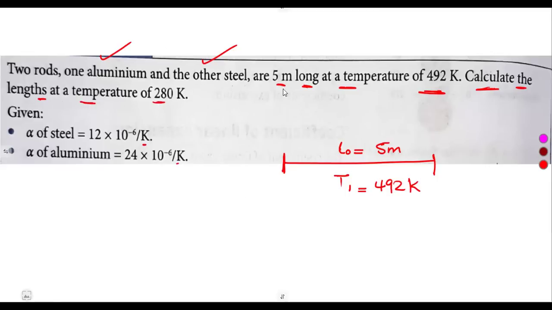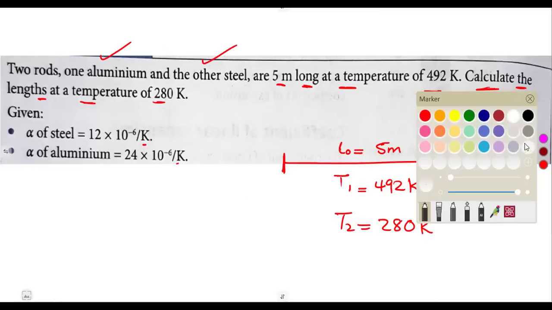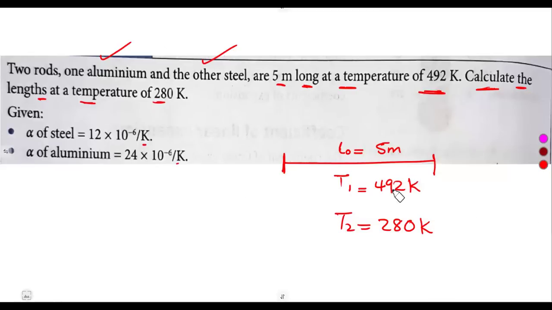The temperature has changed from this one. It is now T2 at 280 Kelvin. And as we can see, that's a decrease from 492 to 280. So meaning to say, when there's a decrease, we are going to have the length decreasing also.